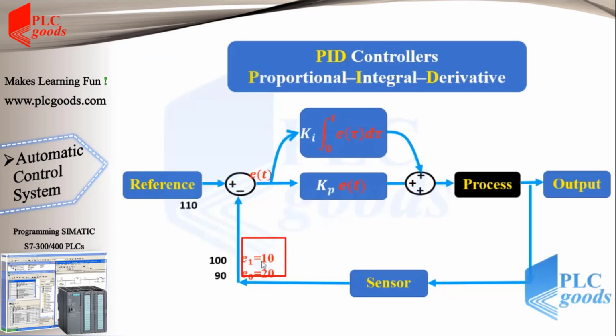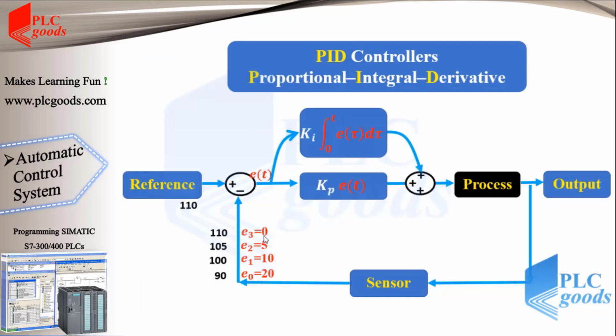Up until now, the error values are positive, so the output of the two terms is positive. In consequence, the inlet valve will be open to raise the water level and to decrease the error value until the error value reaches 0.